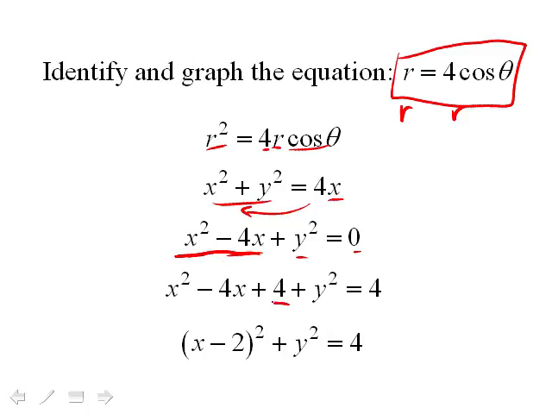When you complete the square, the constant has to be 4. Half of the middle term coefficient, half of minus 4 is minus 2, squared is 4. So you put 4 and balance the equation by putting it on both sides, and that lets you write the equation as x minus 2 squared plus y squared equals 4.